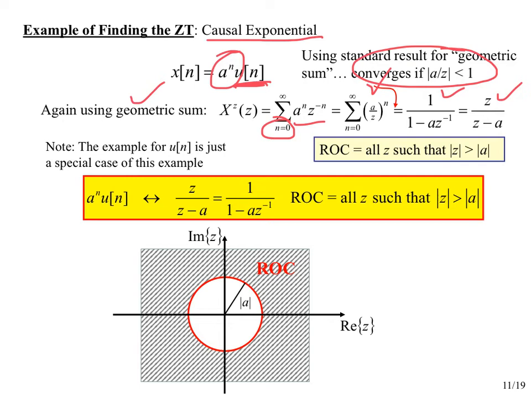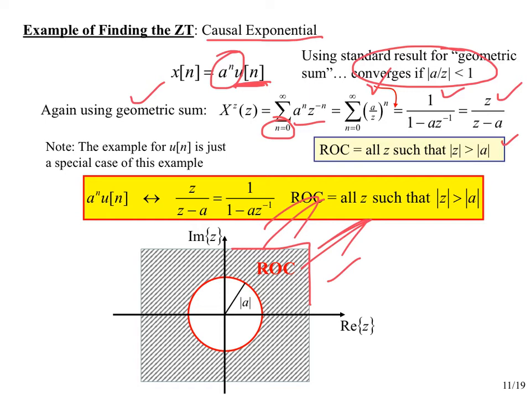And our region of convergence will be all z such that magnitude of z is greater than magnitude of a. I'm just showing that here; this square actually goes out forever. I just couldn't really easily show that.